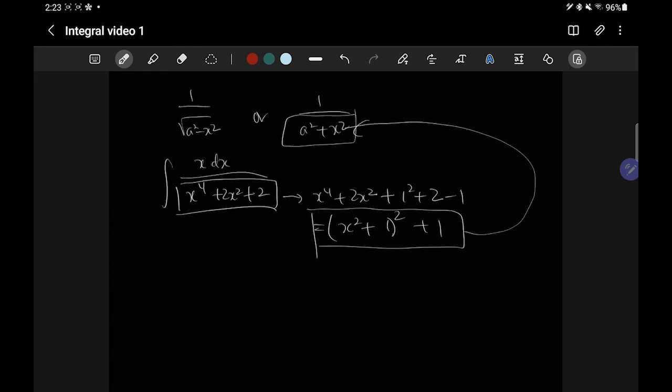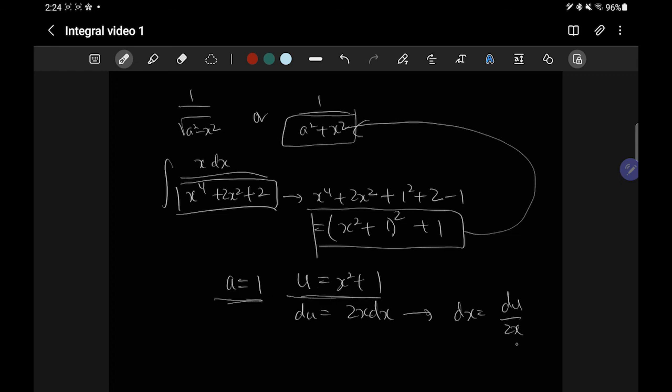If we replace a with 1 and u with x squared plus 1, so that du equals 2x dx, this gives us dx equals du over 2x.